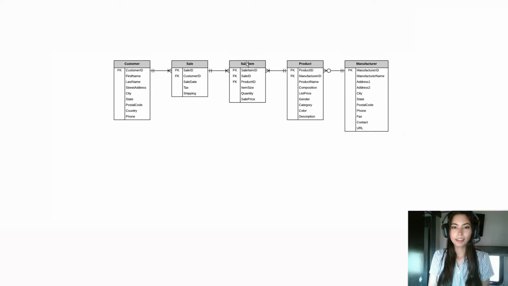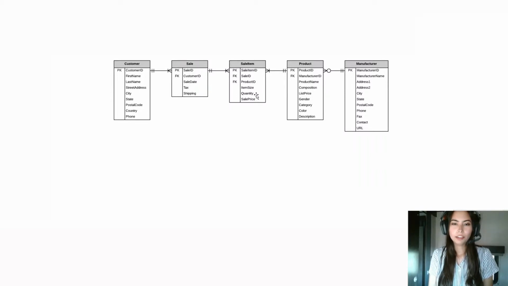Sale item not only has a relationship with the sale entity, but it also has a relationship to the product entity, and both product entity and sale entity are donating their foreign keys to sale item. That's why you'll see that we have sale ID and product key within our sale item entity.